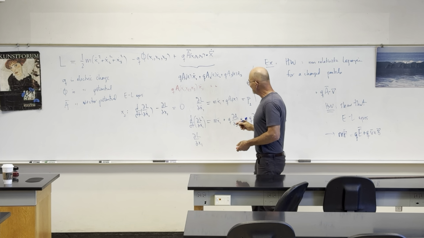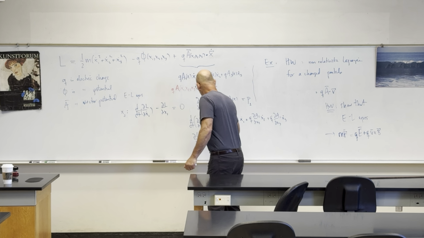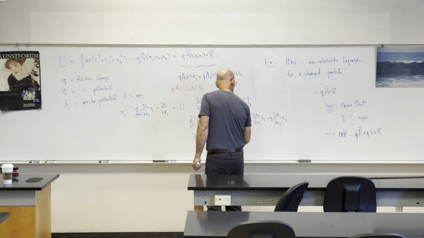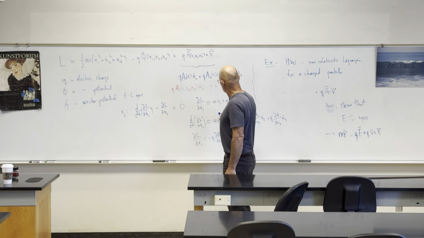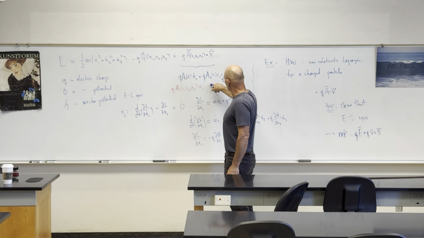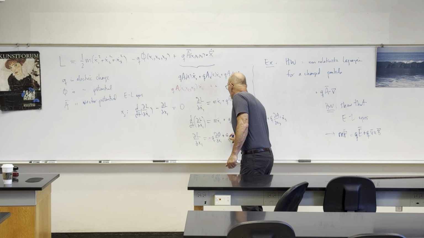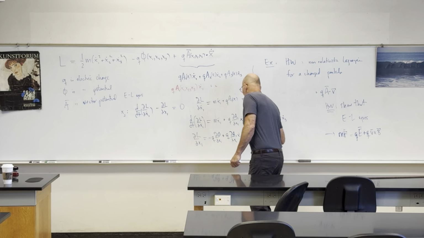So dL dx1 is minus q d phi dx1. Okay. And then I'll just get the ball rolling here. Plus q d a1 dx1 x1 dot plus a couple more of those.